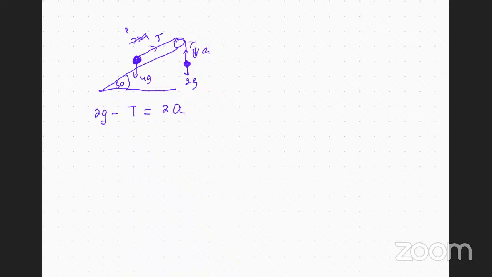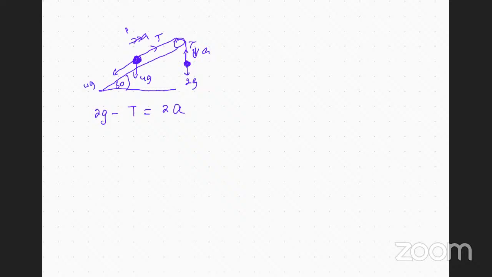The next equation, the one on M1, you have a little problem there because tension and the mg force are not along the same plane. So you have to resolve mg along the plane. You don't need to resolve perpendicular to the plane because nothing else is acting there besides R, and there's no friction, so we don't need to find R. When you resolve parallel to the plane, remember, it's 4g sine 60.